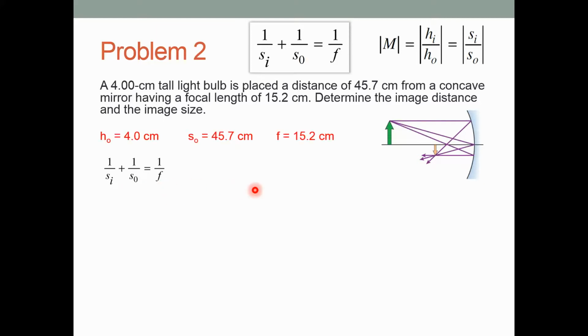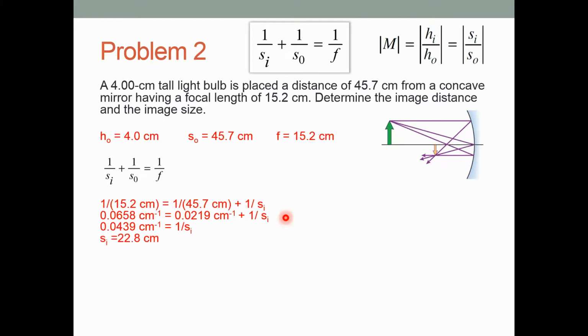These are our givens: the height of the object, the distance of the object, and the focal length. We plug in the focal length and the distance of the object to find the distance of the image. Simplify this and we get that the distance of the image is 22.8 centimeters.